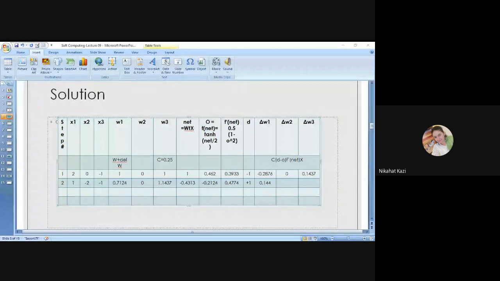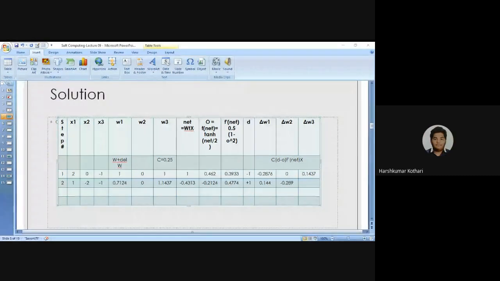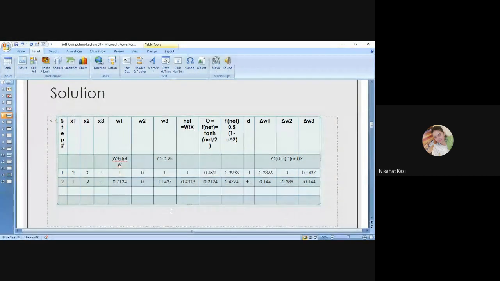And 0.2894, minus, no? Or plus. Yes, minus. And this is also the reverse of that, no? 1 or minus 1. Same way. Okay, and final weights are 0.8. Simple, just add up the W and the delta W values.